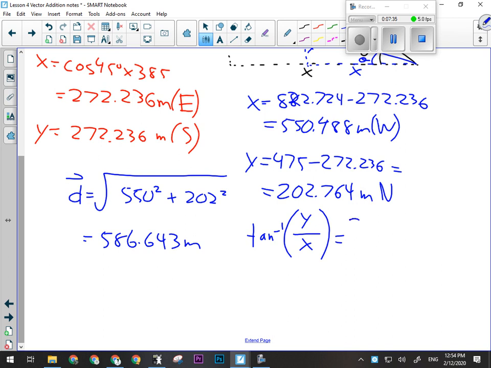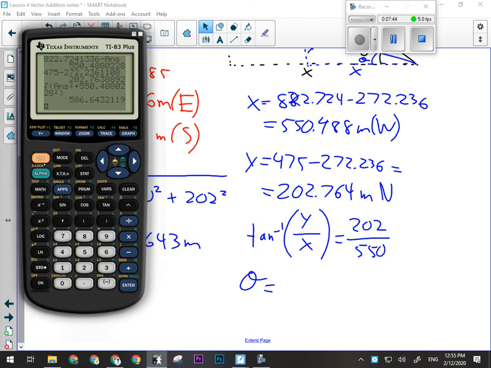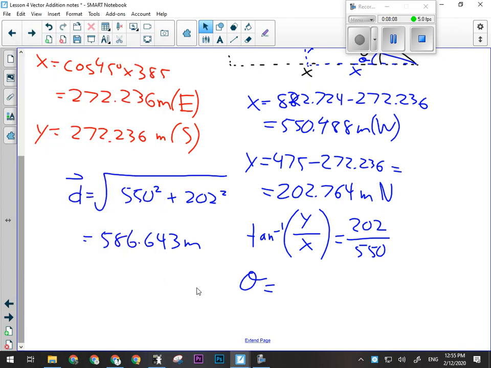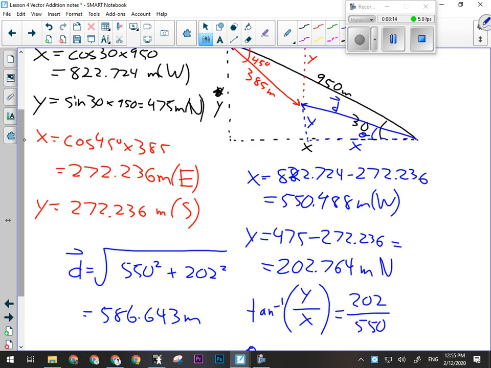So that's going to be our 202 over 550, again, with all the decimals: tan inverse of 202.7638892 divided by 550.4880228. All right, so I'm getting a 20-degree angle there, 20.22 degrees. And the direction on that is going to be north of west.